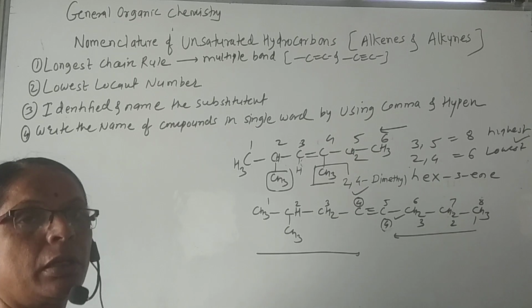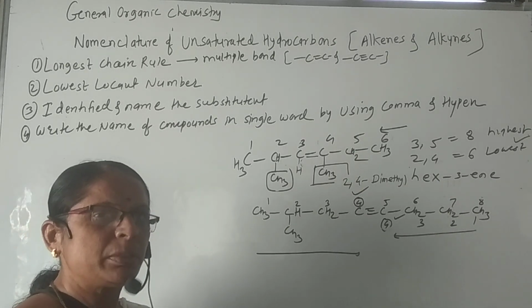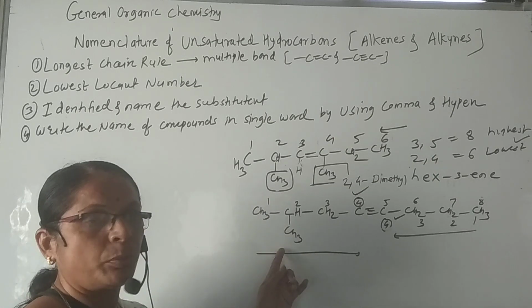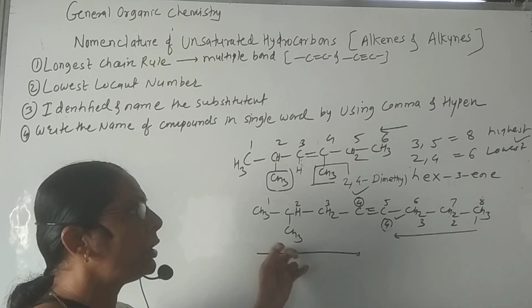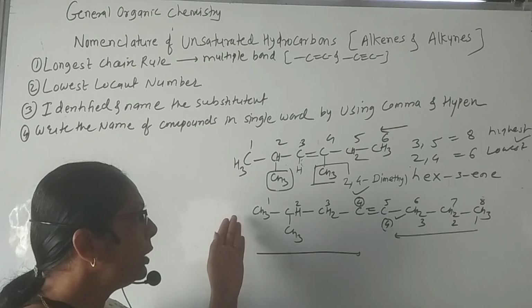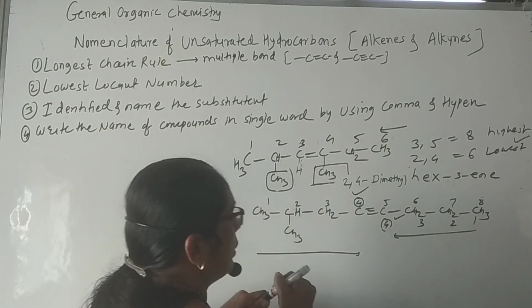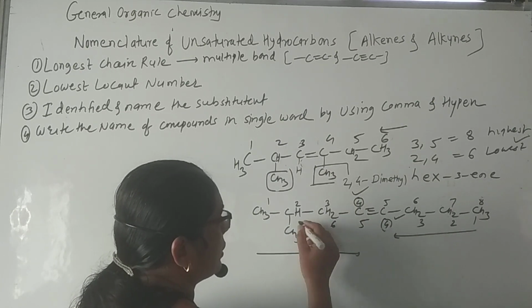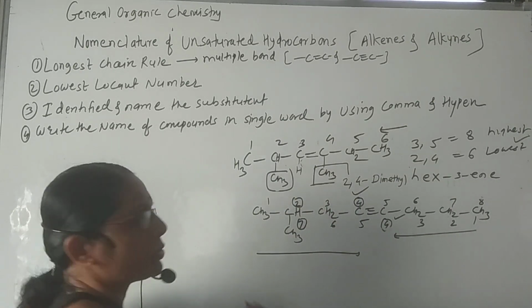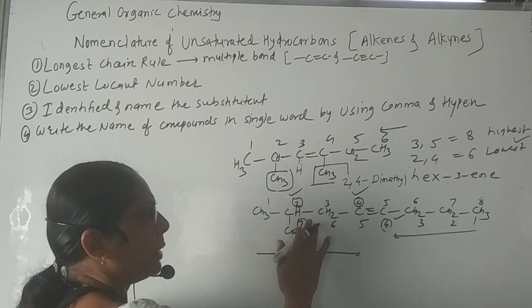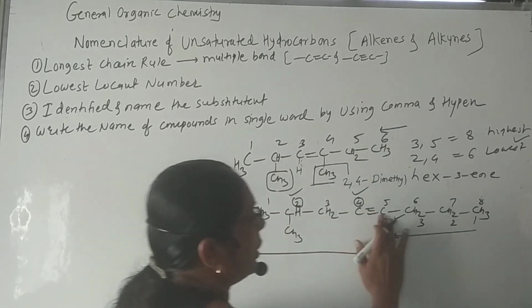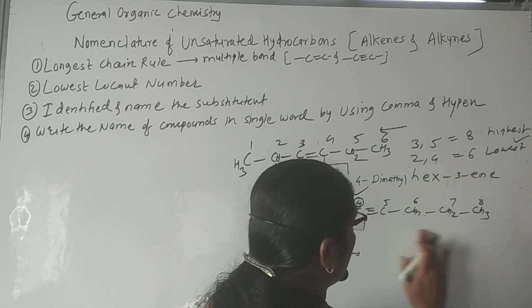So in this case, the numbering is given in such a way that the branched alkyl group will get the least possible number. If you go from this side, it has number 2. But if you go from this side, it has numbers 5, 6 and 7. So 2 is the lowest. So we prefer the side that gives the lowest possible number.